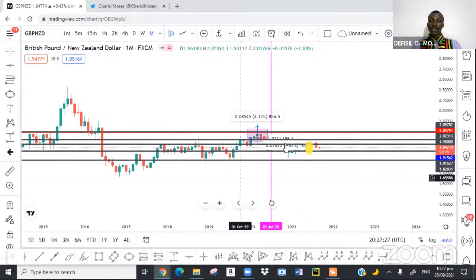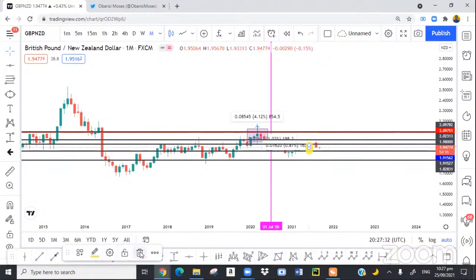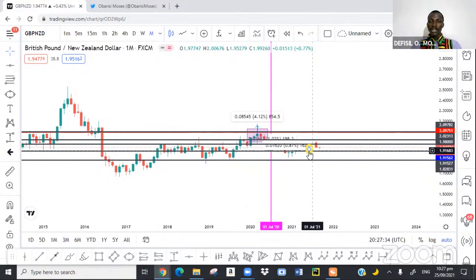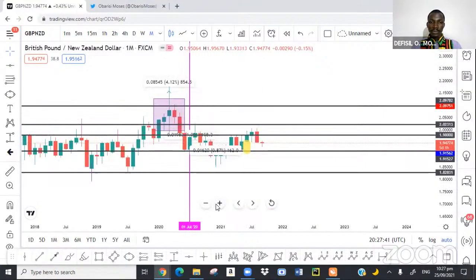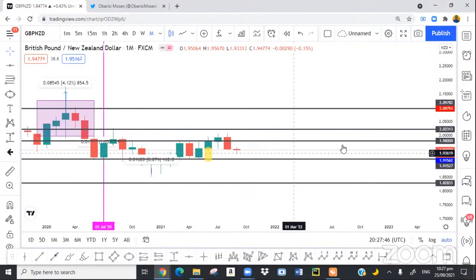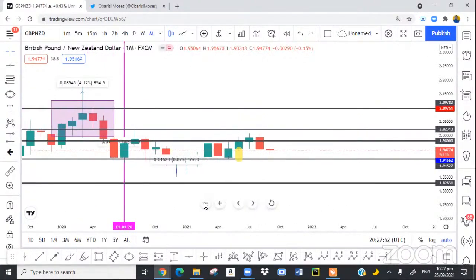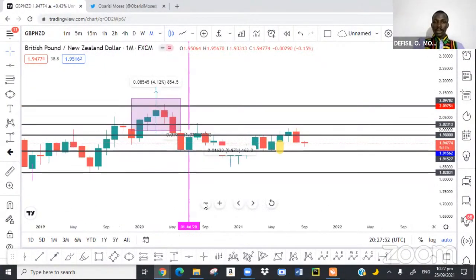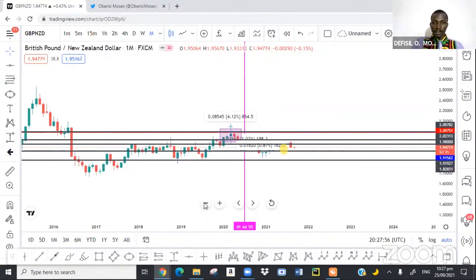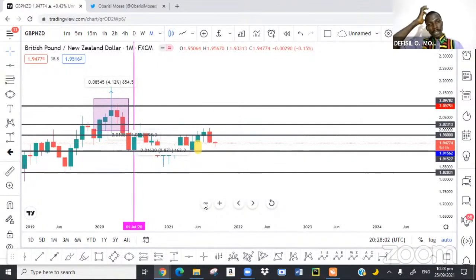on the monthly time frame, we have something that is looking like a dragonfly doji. Let me zoom. Okay, it's looking like a dragonfly doji, but fortunately it's not, because it has a body.